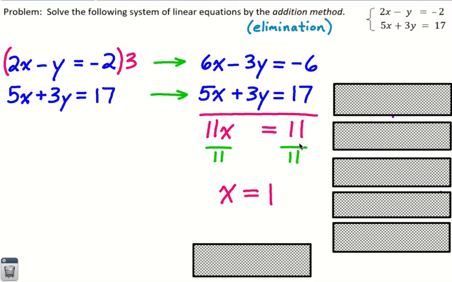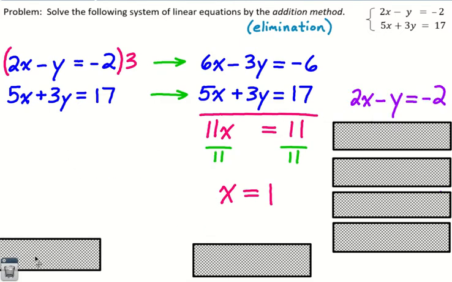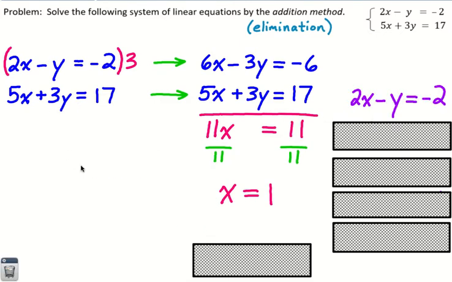And the rest of the problem is a little less complicated, because once you know that x equals 1, you can use that to your advantage to figure out y. By plugging 1 in for x in one of these equations, doesn't matter which. I chose the first equation. You usually try to pick whichever one is a little less work or seems like it's going to be simpler.